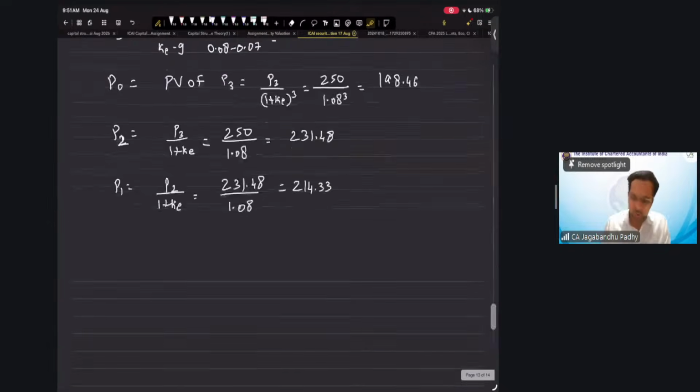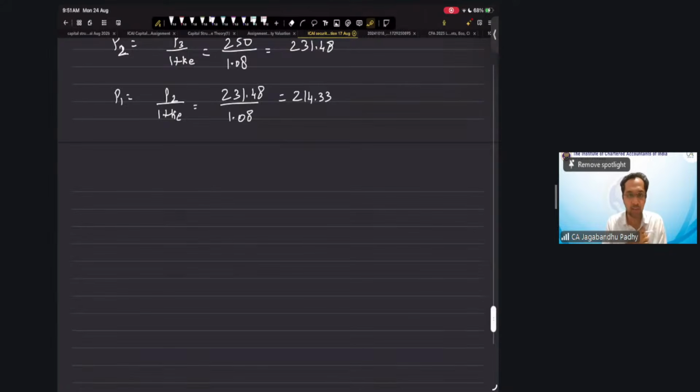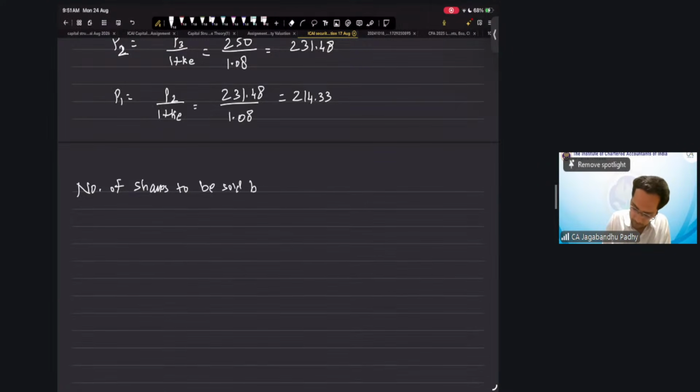So we need to know how many shares he should be selling in the upcoming 3 years so that he keeps on receiving the cash, to maintain the targeted cash flow.